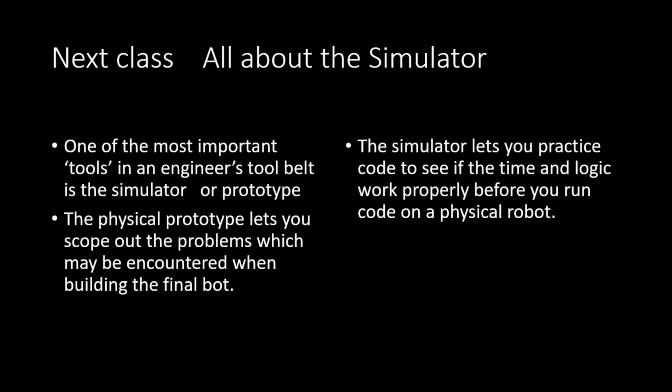The simulator, on the other hand, is a pre-built object that lets us simulate the function and verify, in this case, a robot project or a robot in software, and lets us see how logic works in the simulator before we run it on a physical robot.